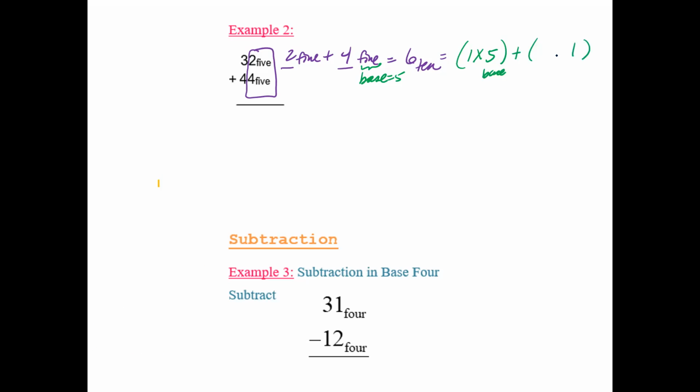You have to ask yourself, what's this number then? Well, 1 times 5 is 5, so 5 plus 1 number equals 6, and that's 1. So your answer here is the first 2 numbers, which is going to equal 11 base 5. So you put 1 base 5 and you carry the other 1.